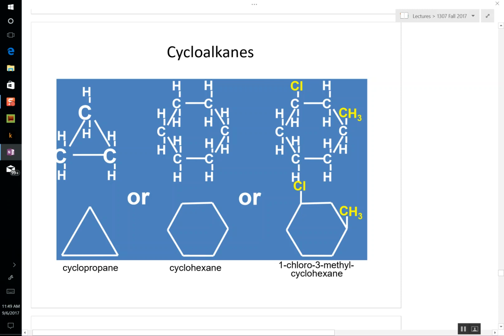So cyclopropane is not a very common cycloalkane. I could get that there, but now I've gone from 109 degree angles to 60 degree angles. Isn't that the angle of an equilateral triangle? 60, 60, 60 is 180. The internal angles of a triangle are 180 degrees. So now I got 60 degree bond angles.